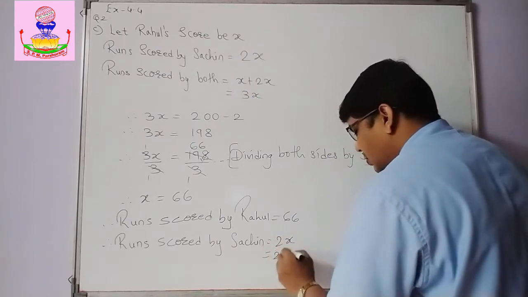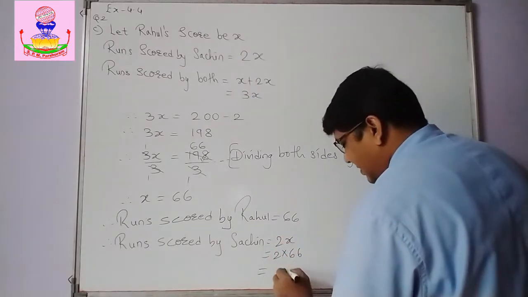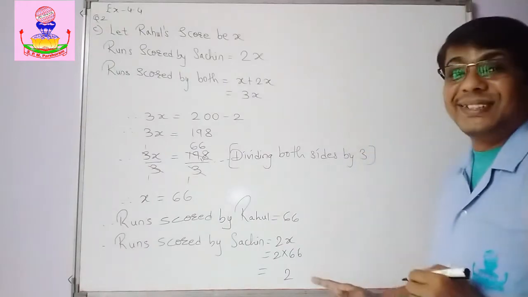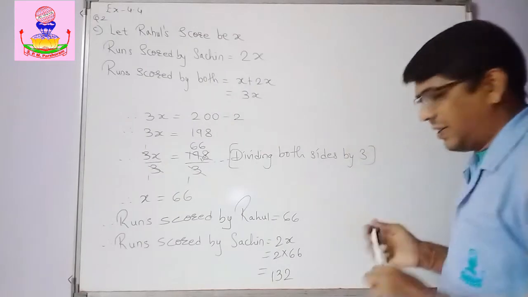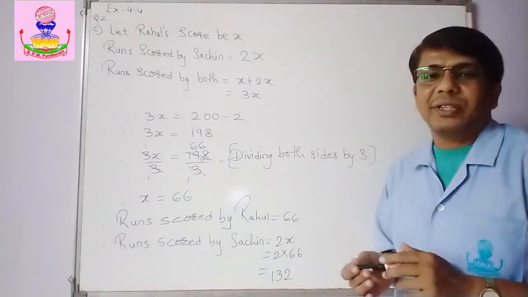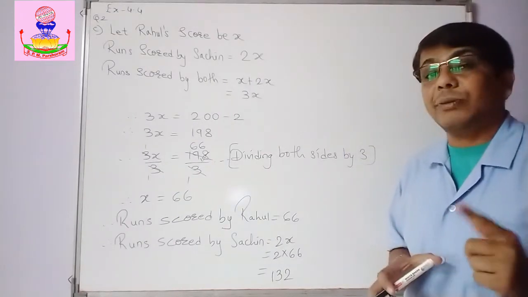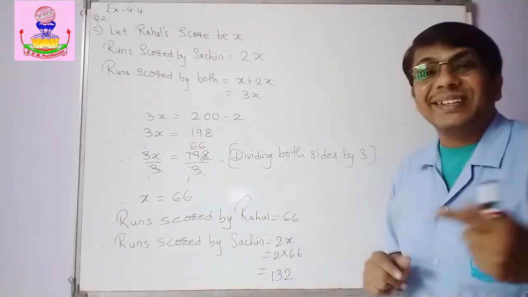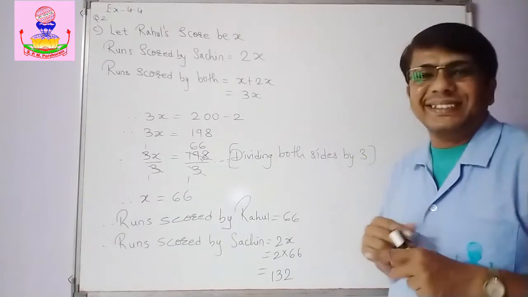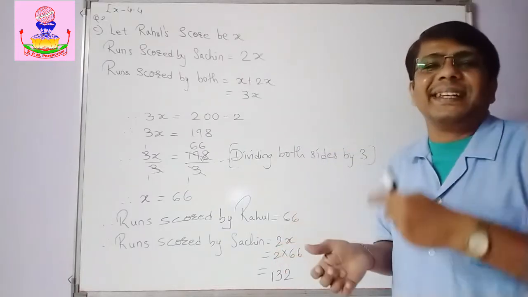So 2 into 66, how much? 6 twos are 12, 1 carry, and 6 twos are 12 plus 1, 13. So it is 132. Let us check our answer, cross check. 6 plus 2, 8, 6 plus 3, 9. So 198. So 2 short of double century. That means our answer is exactly right.